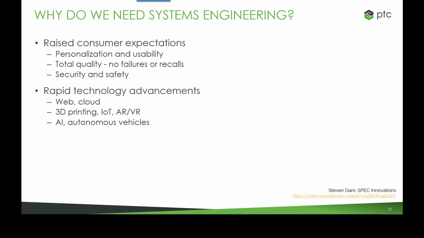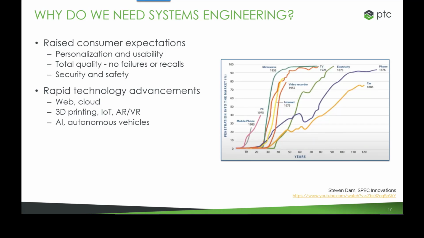We've seen rapid technology advancements, and in our industry, we hear about a lot of these very regularly. Of course, the internet, web, cloud delivery, 3D printing, additive manufacturing, Internet of Things, mixed reality, artificial intelligence. All of these things are making technology move even faster. And there's a graphic from the author, credited at the bottom. And this shows how long it takes a lot of common products to penetrate the market.